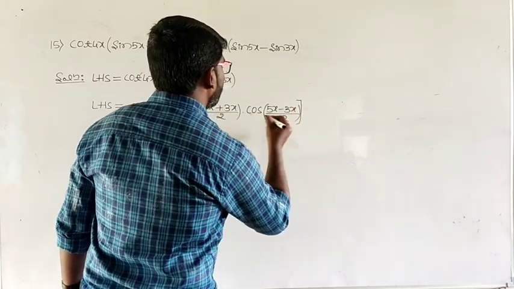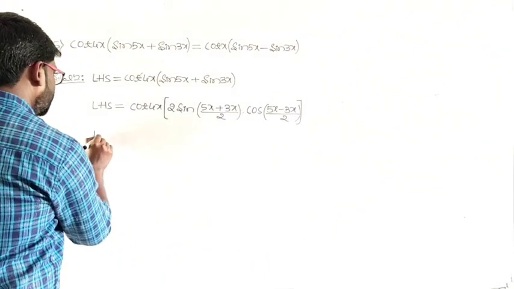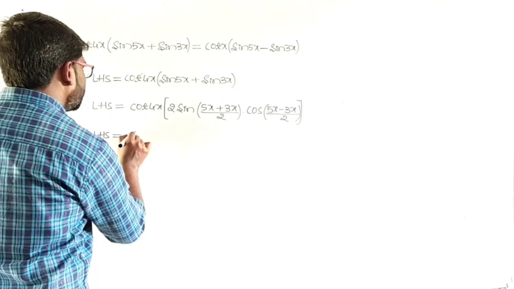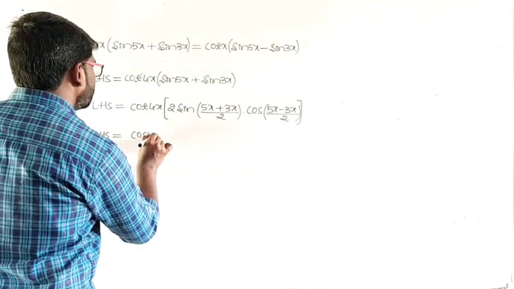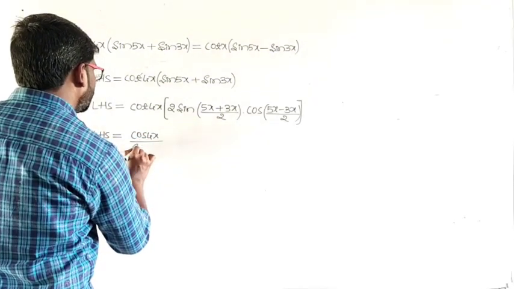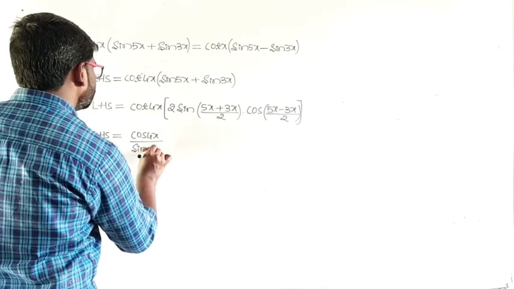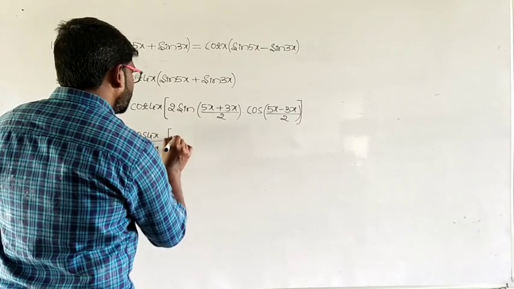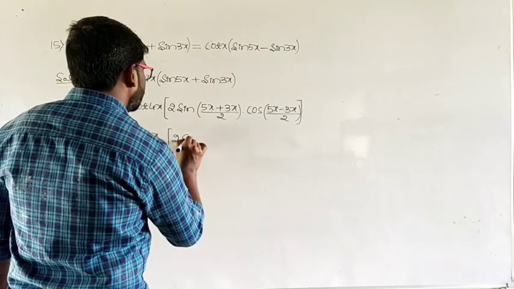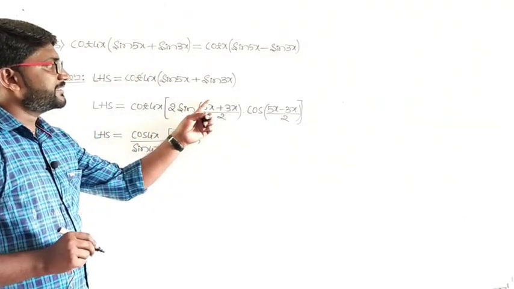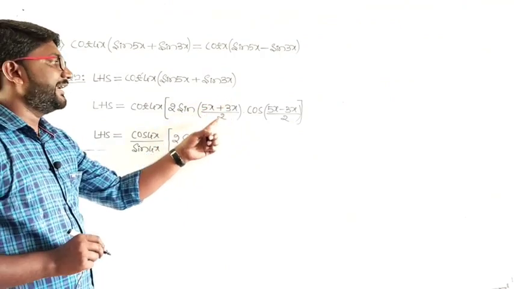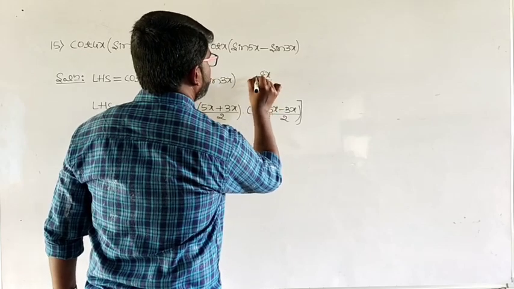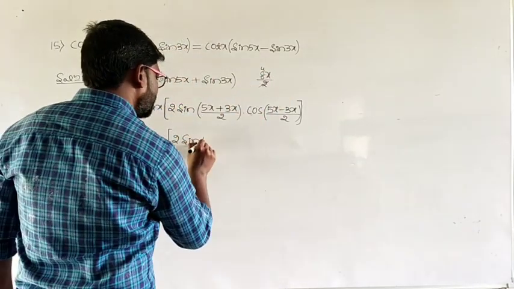So now LHS is equal to cot 4x, which can be written as cos 4x divided by sin 4x, now into 2 sin of 5x plus 3x, which is 8x by 2. See here, 8x divided by 2 gives 4x.